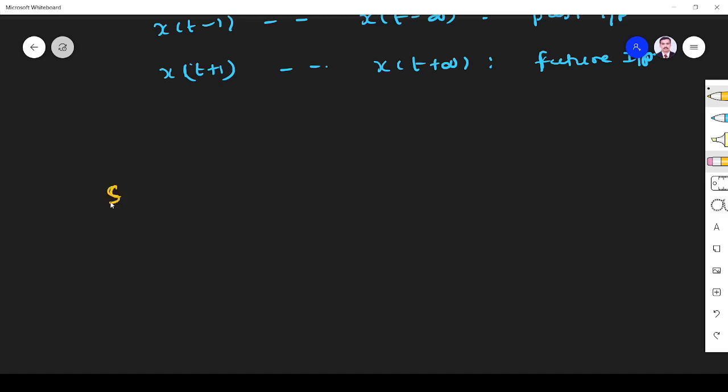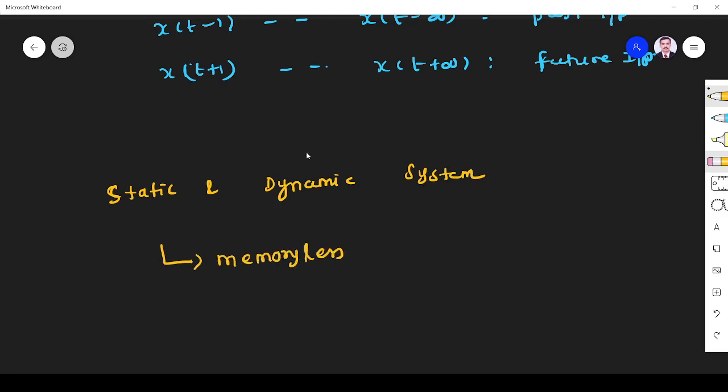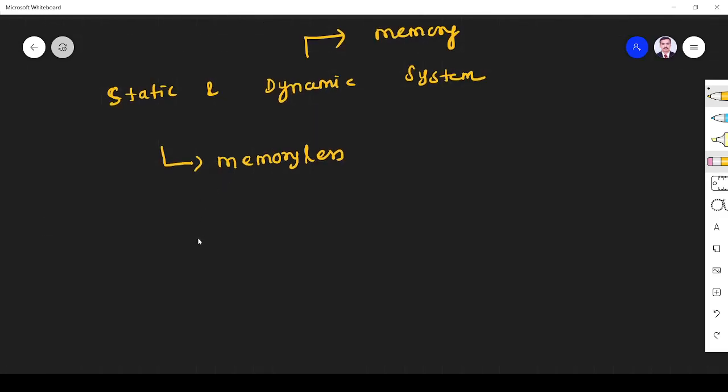So the first one is static and dynamic systems. Static means memoryless. Dynamic means memory. Right? Whatever concept I'm telling for continuous is applicable for discrete.